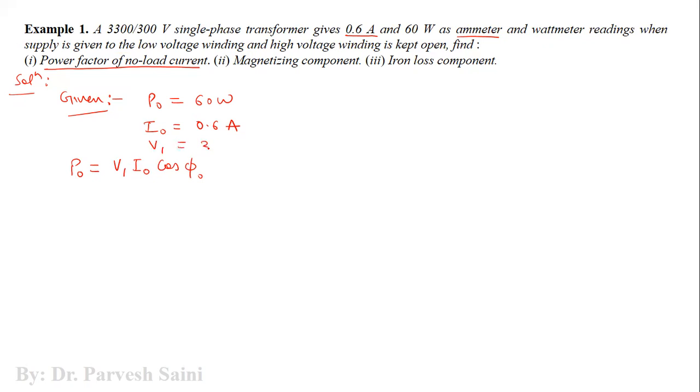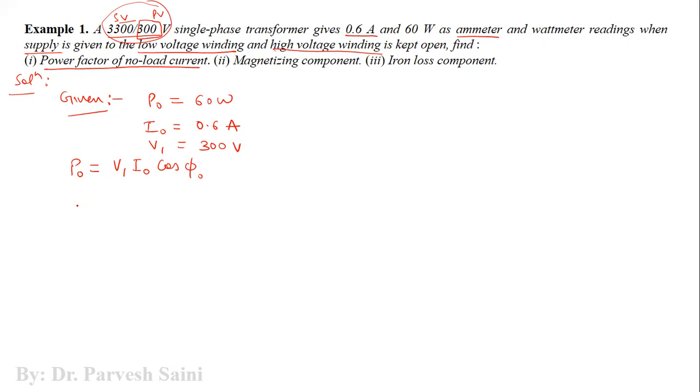V1 is 300 volt, because low voltage winding is connected to supply, that is, this is the primary voltage, and then this is the secondary voltage, right? Generally this notation represents that the transformer is a step down transformer, but since it is mentioned here in the statement, we will consider this as the vice versa case, that is a step up transformer.